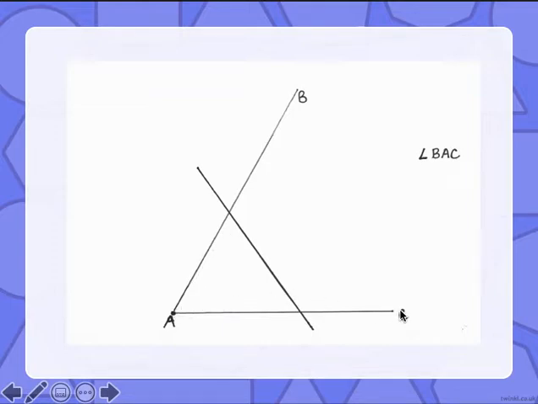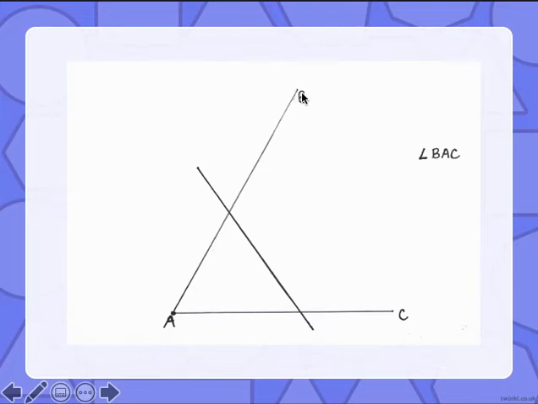The way we label angles as mathematicians is we use letters. You always need the vertex labeled, and you need the arms of your angles labeled. The way that we write which angle we're talking about is by having one of the arms labeled first, then the vertex, then the other arm.